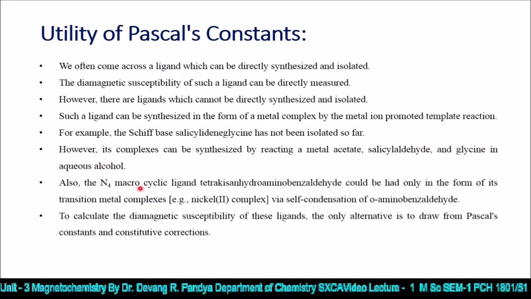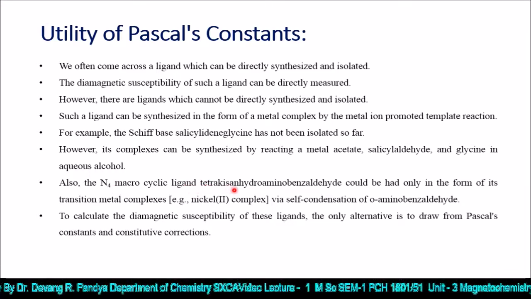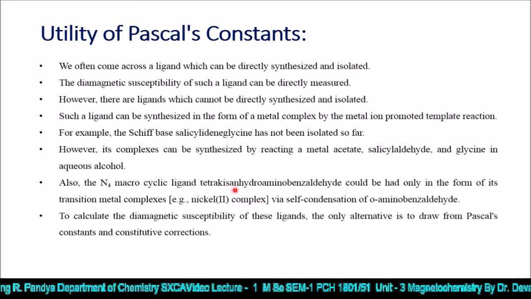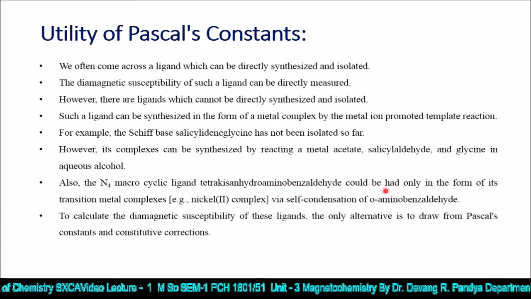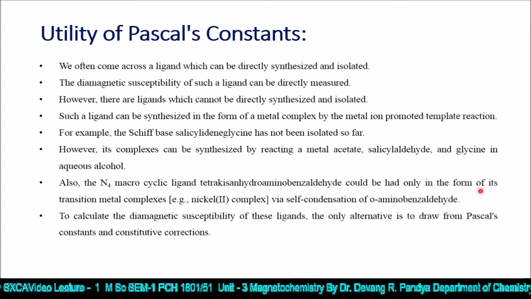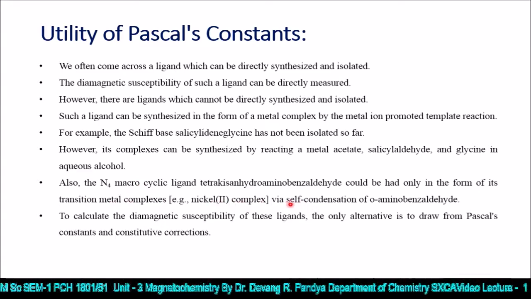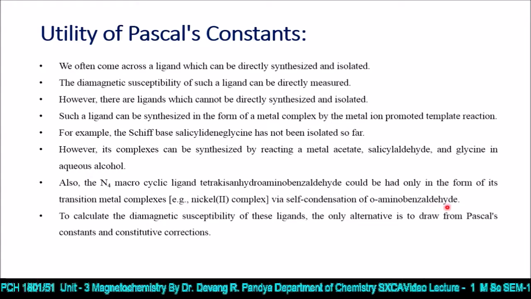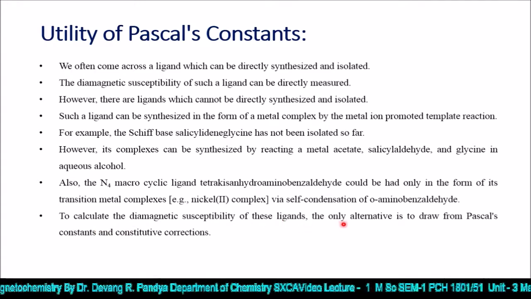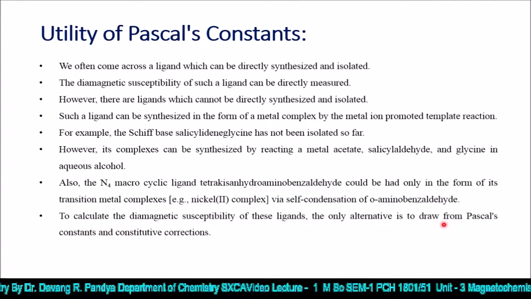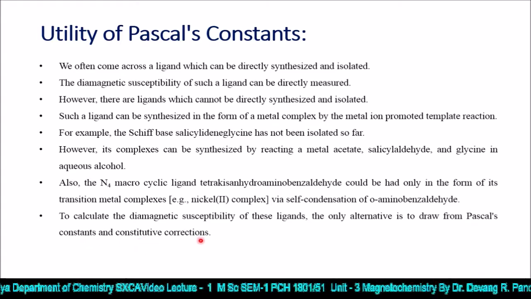Also, the N4 macrocyclic ligand tetrabenzo-tetraazacyclohexadecine could be had only in the form of its transition metal complexes, that is the nickel(II) complex, via self-condensation of o-aminobenzaldehyde. To calculate the diamagnetic susceptibility of these ligands, the only alternative is to draw from Pascal's constants and constitutive corrections.